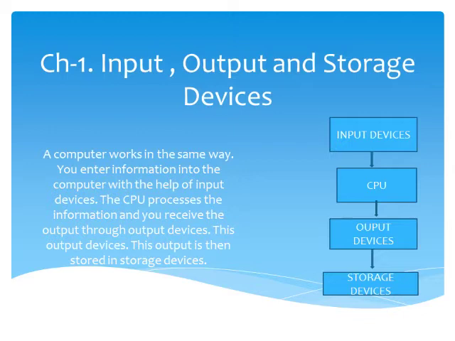By using output devices, that is monitor or printer. From the monitor we can get soft copy, and by the printer we can get hard copy. Then after, the output is stored in storage devices, and if we want to store a particular thing, we can store it in our storage devices for use in future.